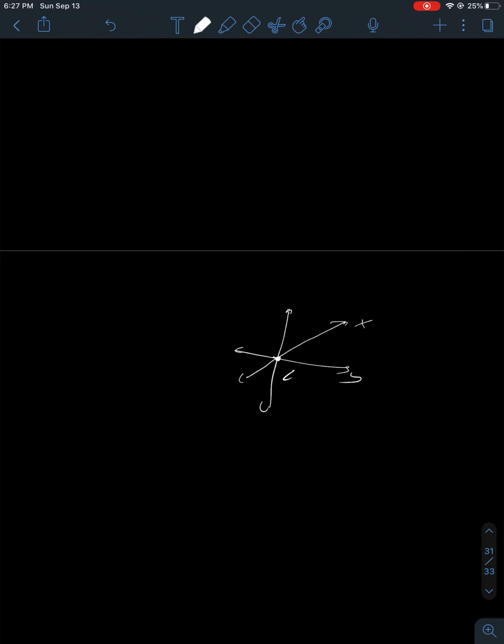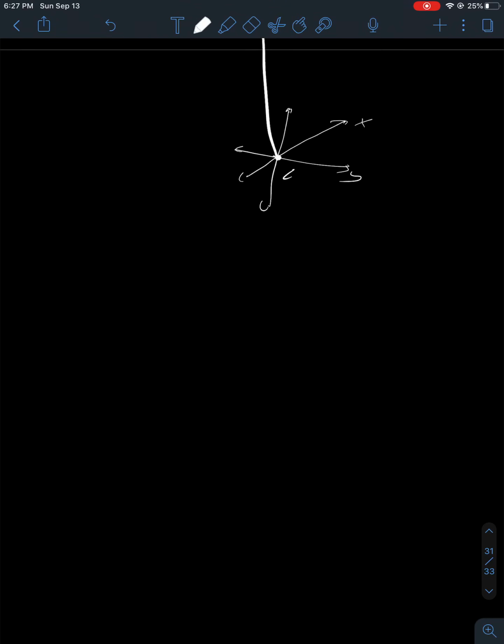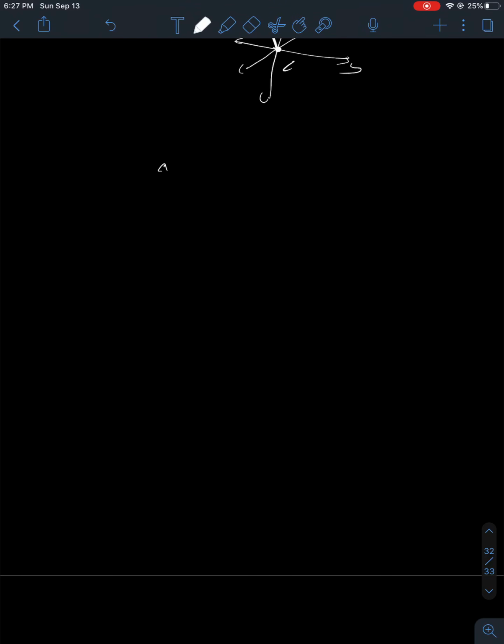Then you have another dimension of time. And we tend to simplify this drawing with just t and x. Okay. So if an object is over here and it's not moving, it's moving through time.